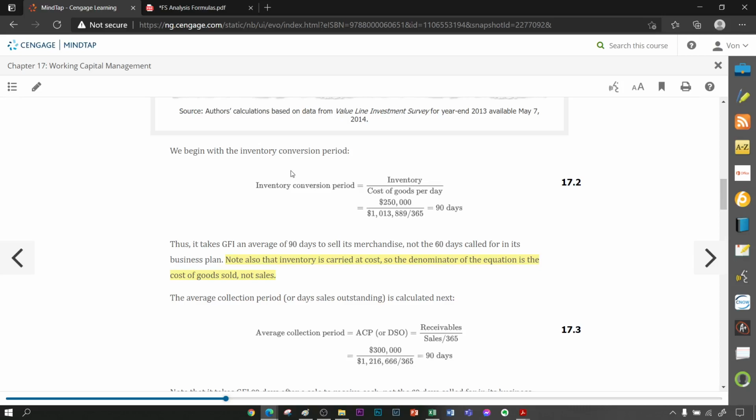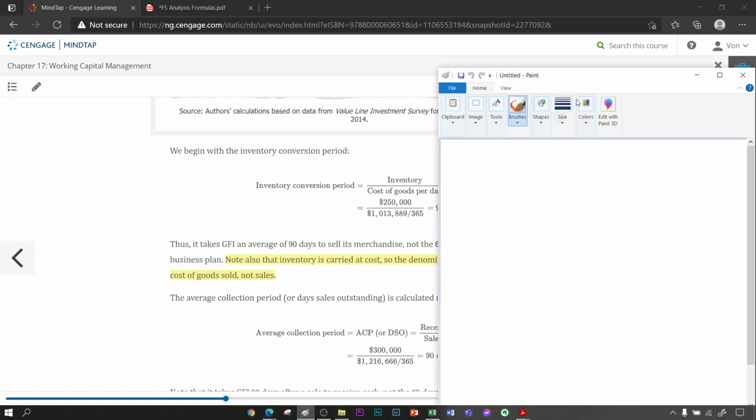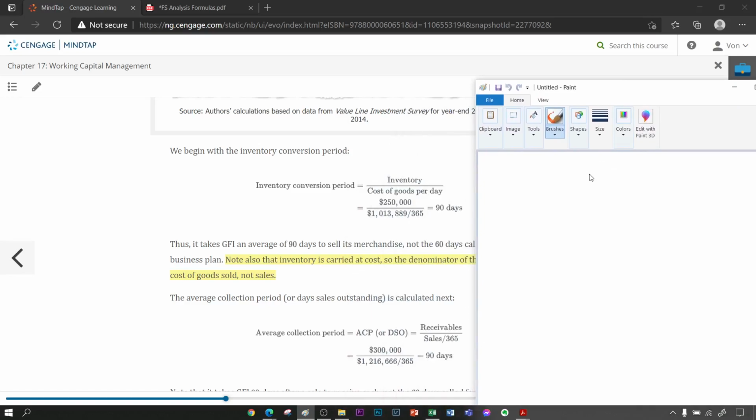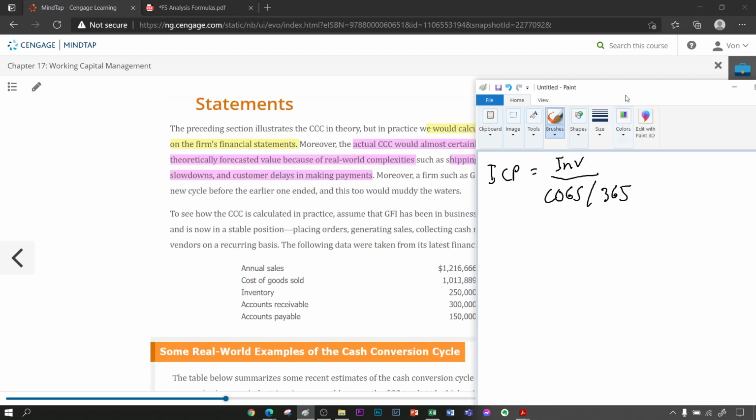Okay. So, ayan. Try mo nga. Ay, paint pala. Okay. So, inventory conversion period is equal to inventory divided by COGS per day. Okay. 365 days, no?